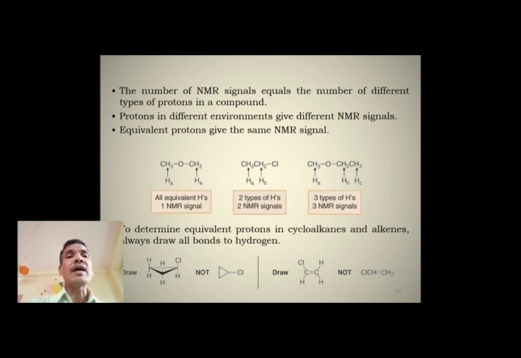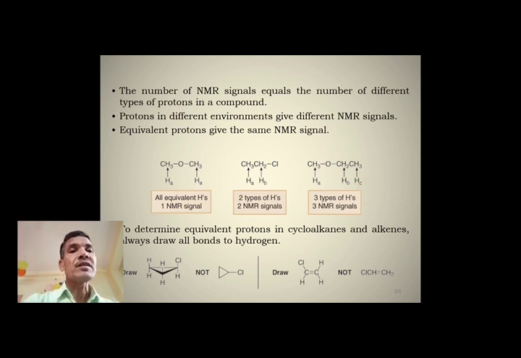Let us see another example of ethyl methyl ether. In ethyl methyl ether, methyl group is attached to oxygen atom and protons on this methyl are denoted by Ha. Protons on this methylene are denoted by Hb and protons on this methyl, they are Hc.